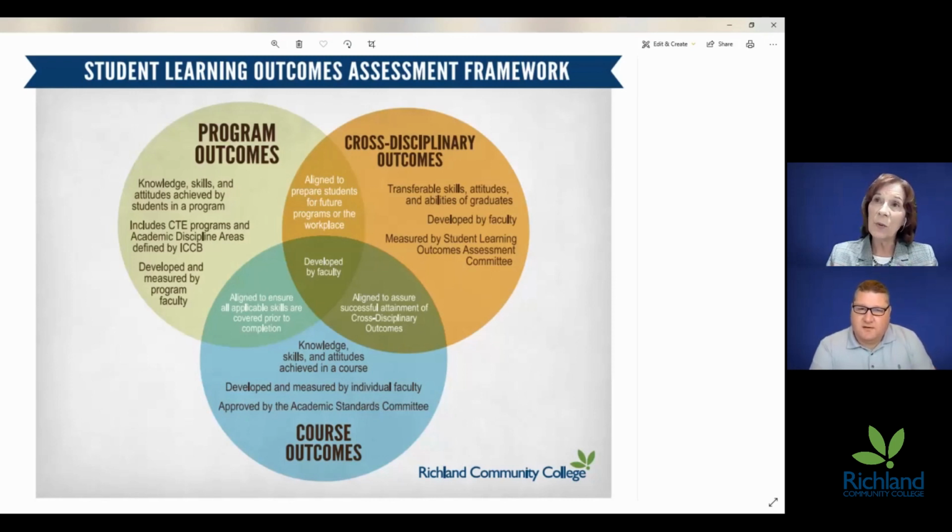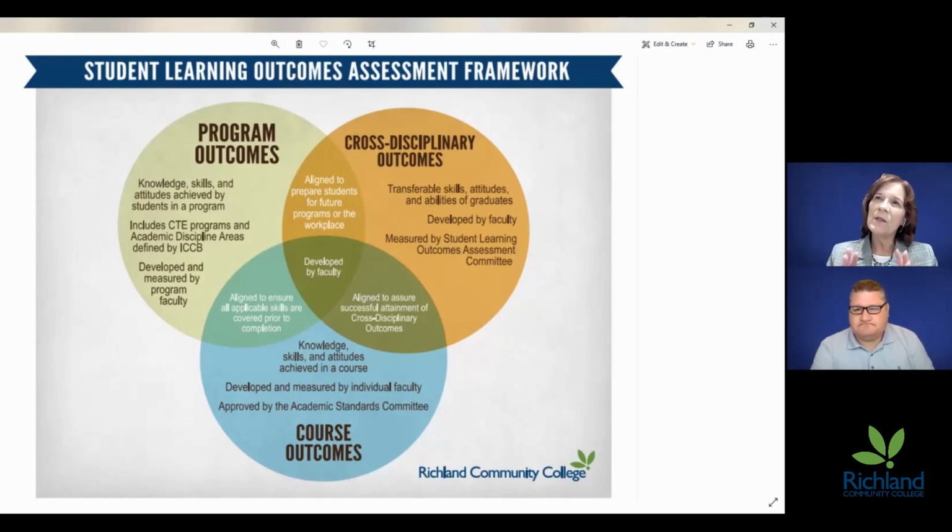And of course, for the programs, it could be tied into a program specific accreditation, so a programmatic accreditation. So you may have an agency who has requirements that have specific things you need to measure and demonstrate by their standards.